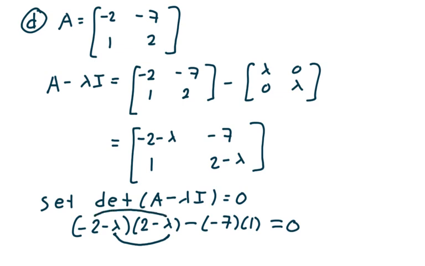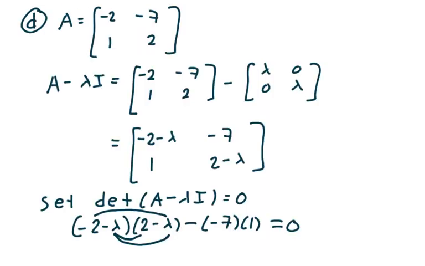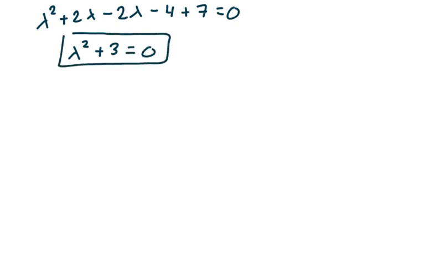And then we get negative lambda times 2, which is minus 2 lambda. And then I get -4 plus 7 equals 0. And so from here, I can say lambda squared plus 3 equals 0. And this is my characteristic equation. And that was D.